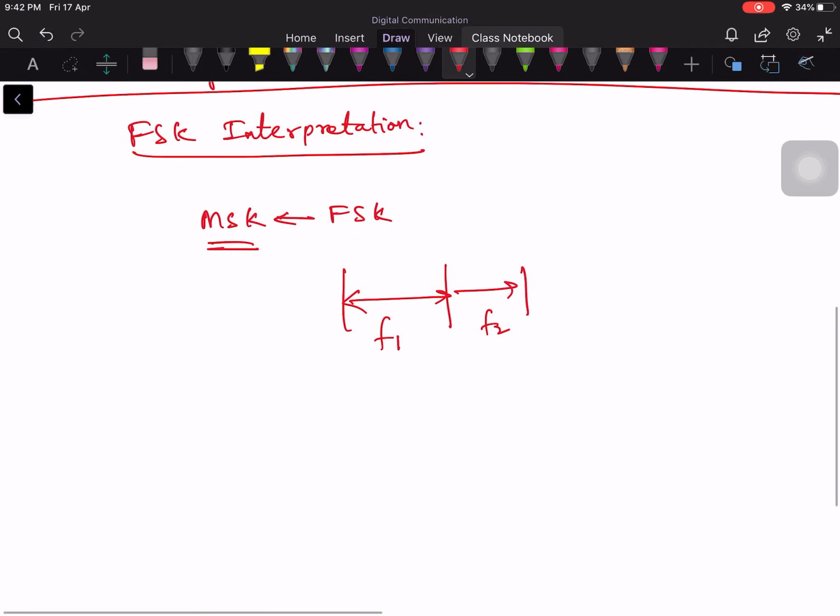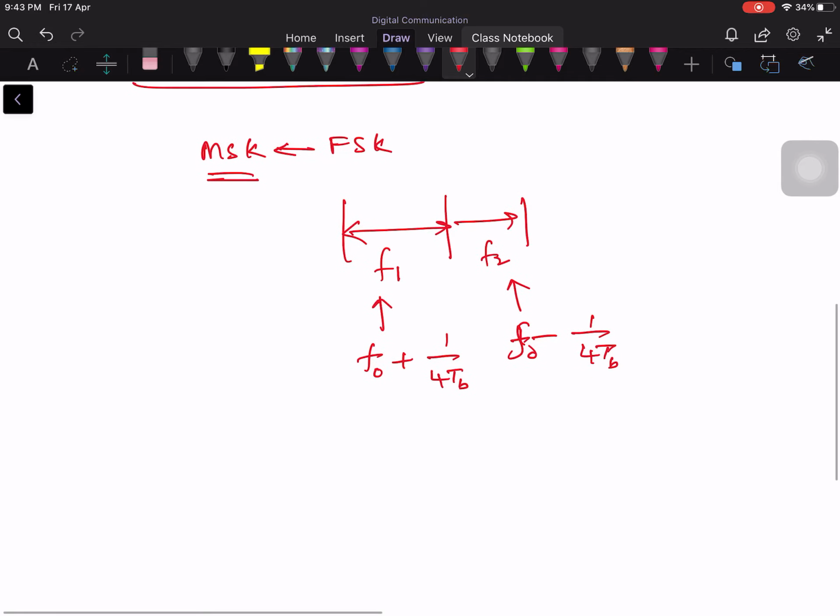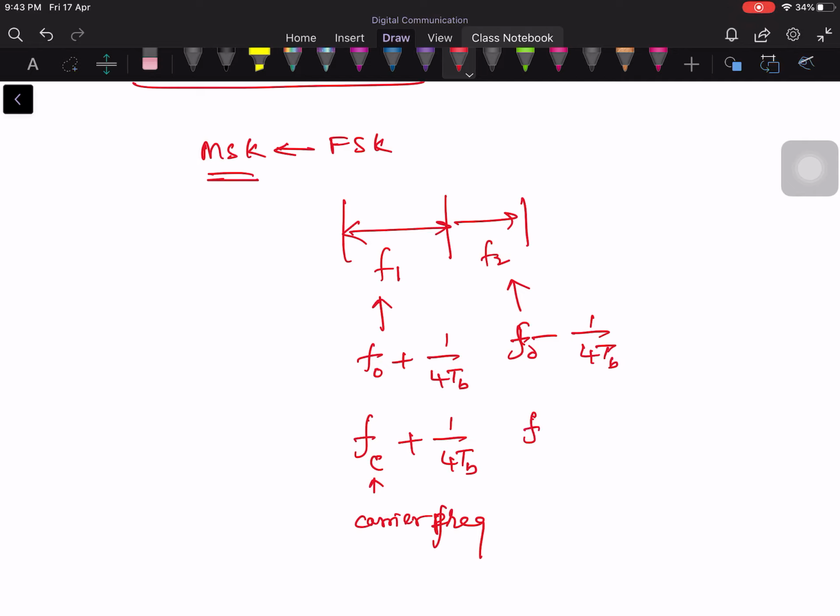This F1 we already know is the carrier frequency plus 1 over 4 TB, and F0 is minus 1 over 4 TB. Sometimes it is a little clearer to write it like this: Fc, where c indicates the carrier frequency in the pass band. So Fc plus 1 over 4 TB, and Fc minus 1 over 4 TB.